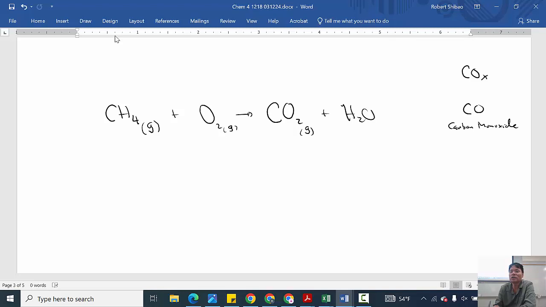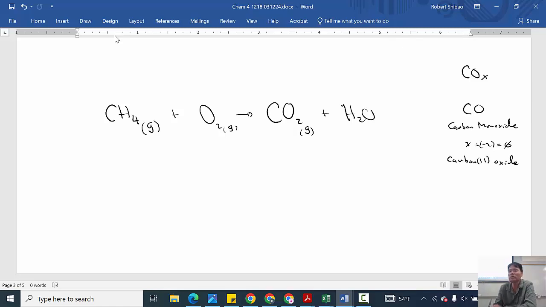So if oxygen is 2-, then what does that make carbon? Because carbon monoxide is neutral, it has to add up to 0. So if I take X, which is carbon, plus a -2, which is oxygen, this has to add up to 0. So X must be 2+.